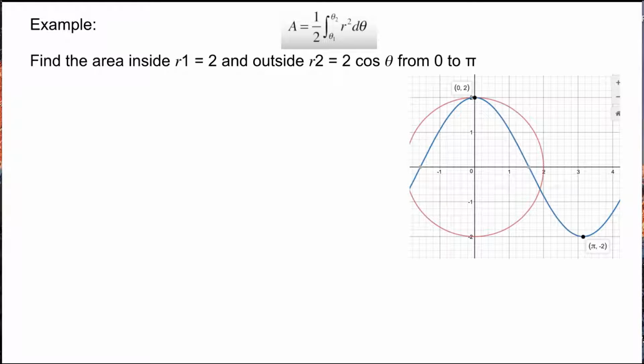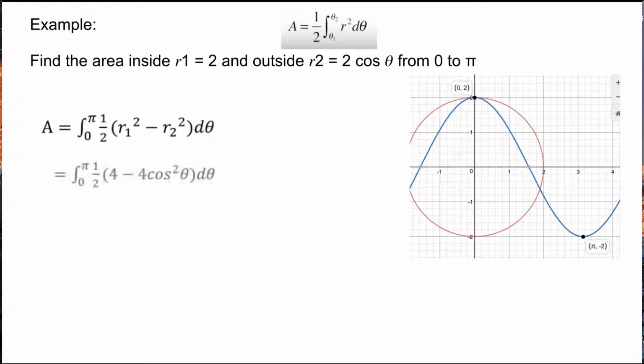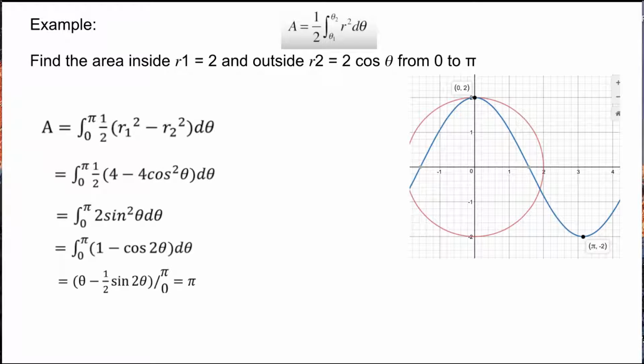And here is a graph. We want to know this area, inside 2 and outside, so we want the difference between those two r. So in the equation, we just put r1 and r2 in here. It's going to be one half, from 0 to pi, of r1 squared minus r2 squared d theta. And then we integrate, and the final solution will be pi.